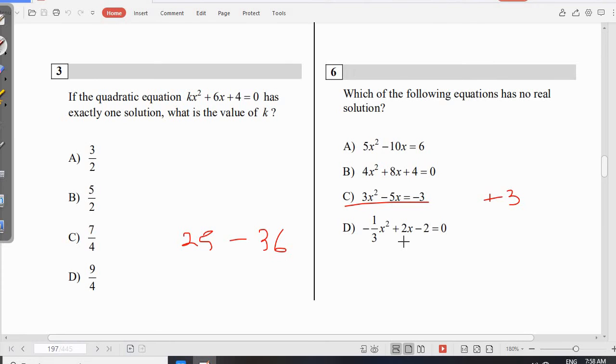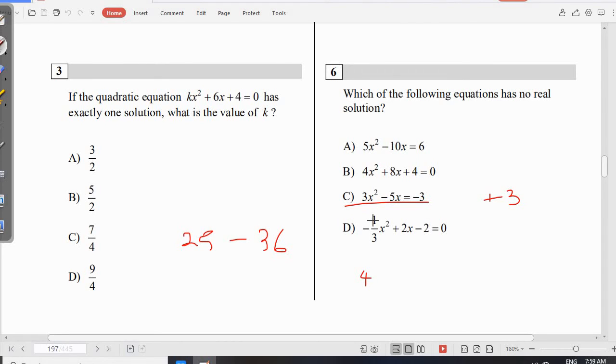Let's try this last one. Let's see if there may be 2 answers possible. We have minus 1 over 3 times 2 here, 2 squared, which is 4. Then we have minus 2 times minus 1 over 3 times 4. Minus 2 times 4 is minus 8.